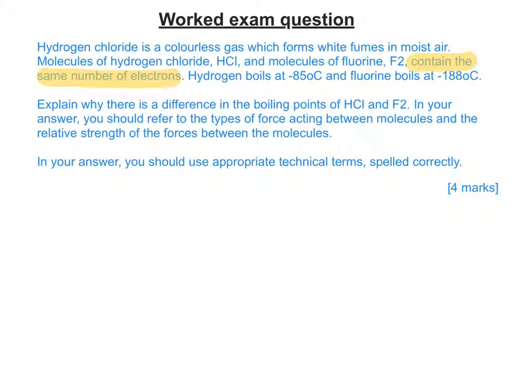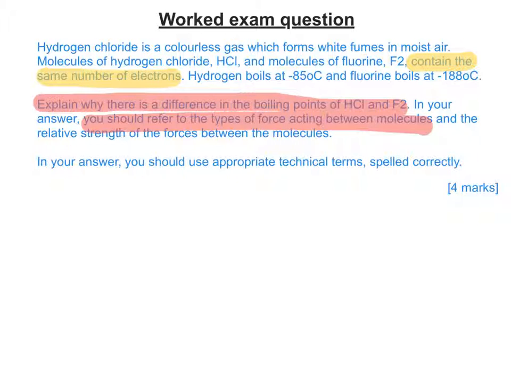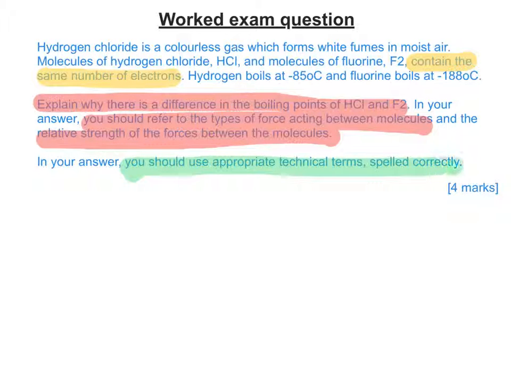And what it asks you to do is to explain why there's a difference in the boiling points. And it says you should refer to the types of force acting between molecules and also the relative strength of the forces acting between molecules. You should use appropriate technical terms spelled correctly. And they offer 4 marks.